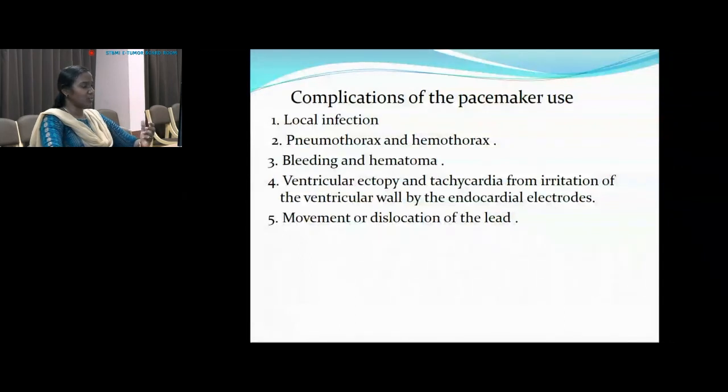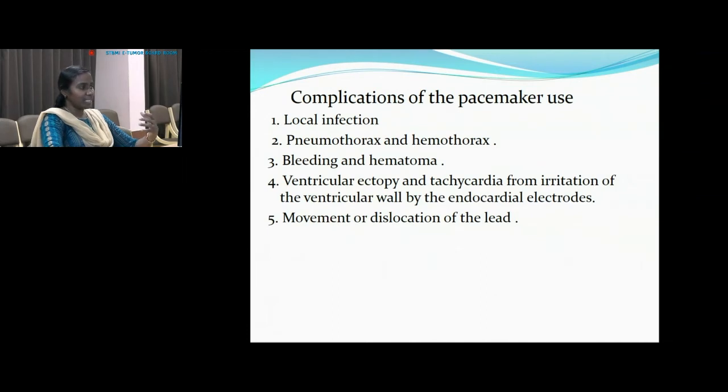These endocardial electrodes are kept inside the chambers, so sometimes the electrodes may irritate the ventricular walls. So an ectopic origin, though we keep these pacemakers to correct ectopic foci or tachydysrhythmias.